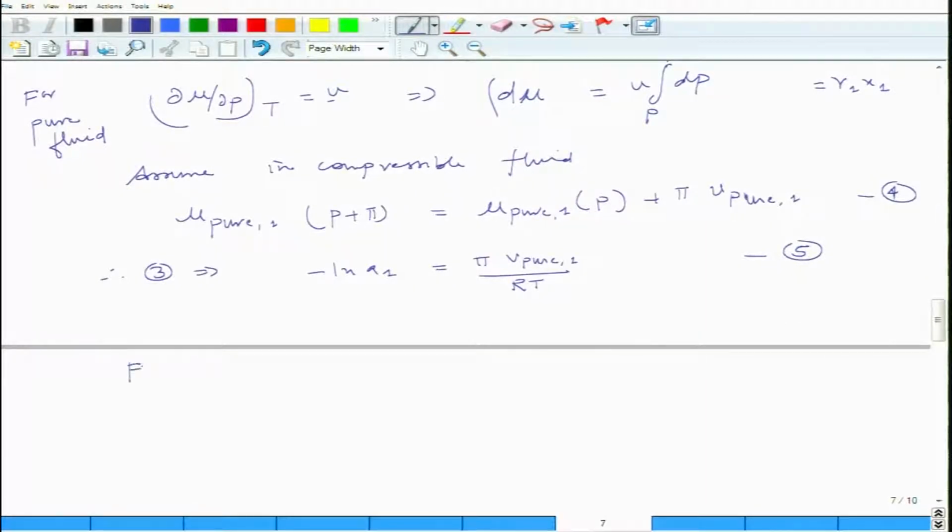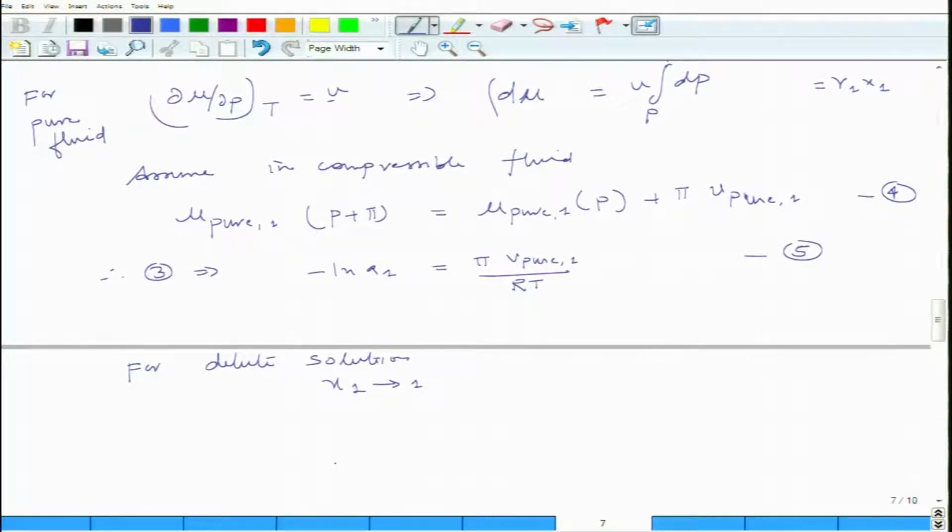By considering a dilute solution, where the mole fraction of the solvent is almost close to 1 and that for the solute is close to 0. So, in other words, for a dilute solution, that means beta phase, x1 is 1.